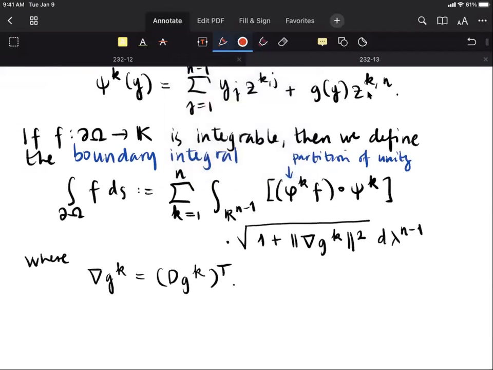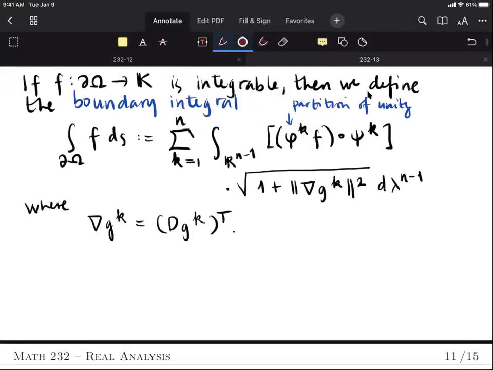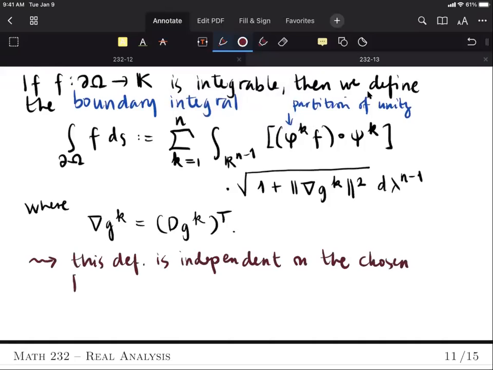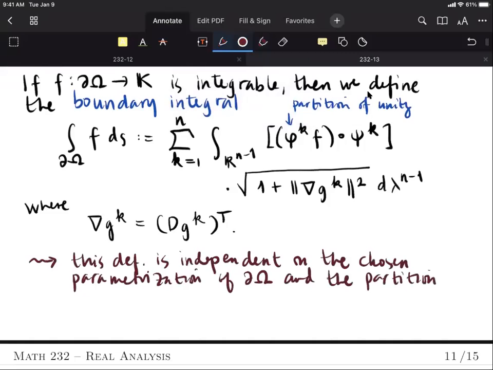An important remark here is that I would like to highlight this definition is independent of the chosen parametrization of your boundary and the partition of unity on the closure.